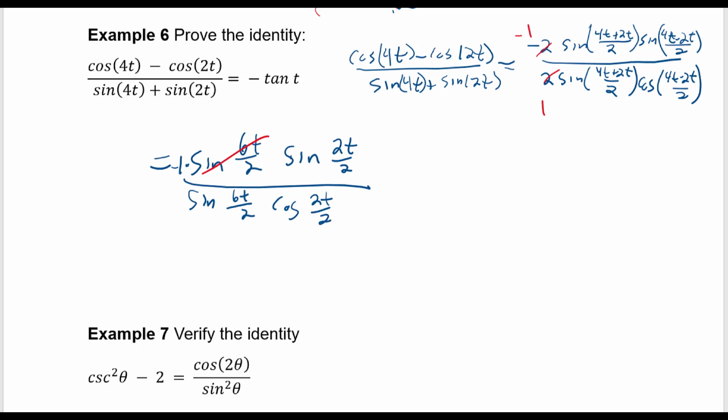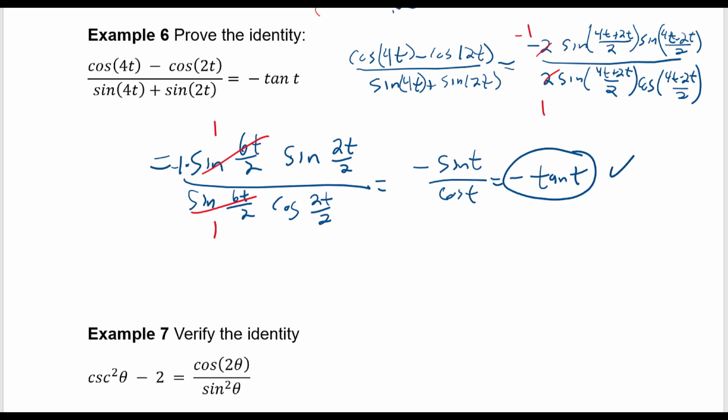So these will just divide out. You could make it 3t if you want, but they're obviously the same thing on top and bottom. So there's negative 1 times sine, so negative sine, and 2t over 2 is just t, and cosine of 2t over 2 is t. So sine over cosine is tangent, negative tangent t. And it worked out. Yay!